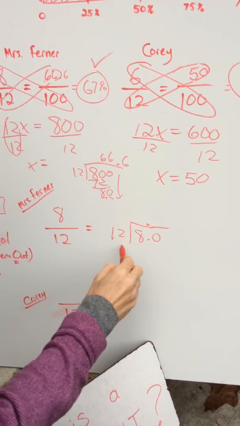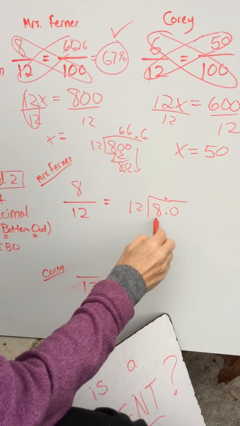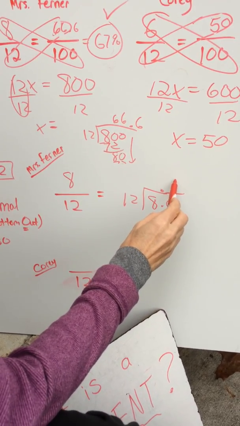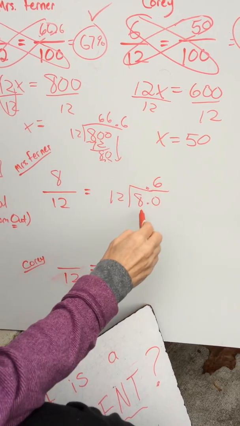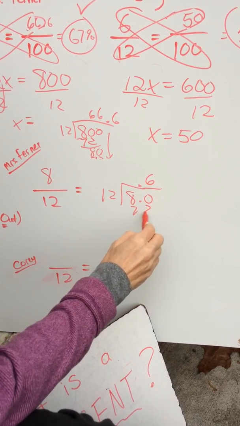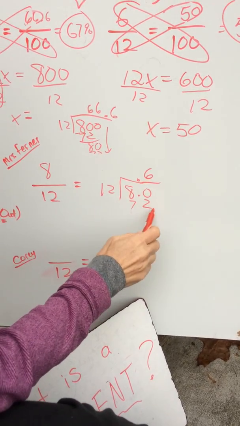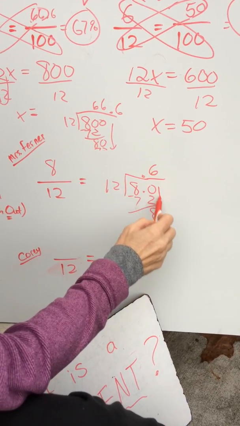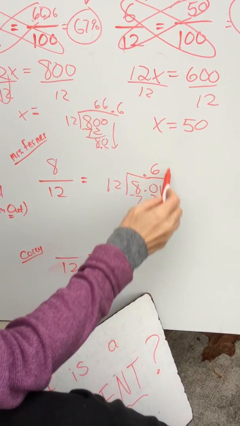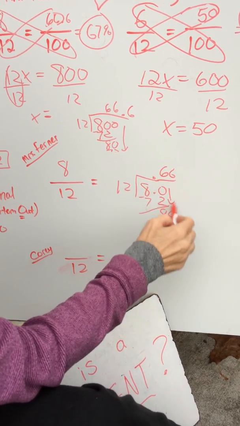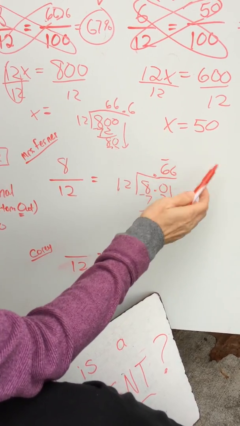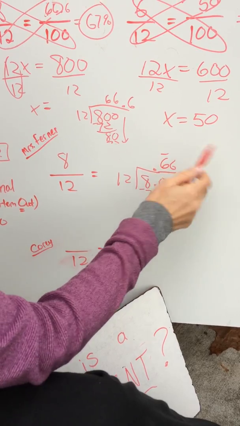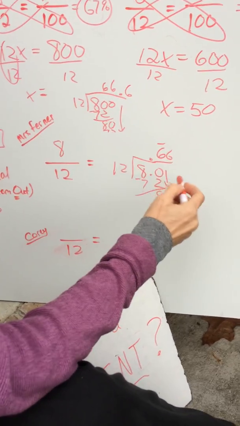12 doesn't go into 8, but 12 goes into 80, as we said before, 6 times. So 6 times 12 is 72. 80 minus 72 is 8. It looks like it's going to keep repeating, so again, we keep getting repeating 6s. So it's 0.66 repeating.